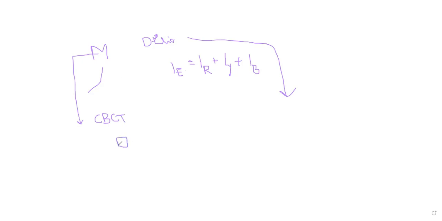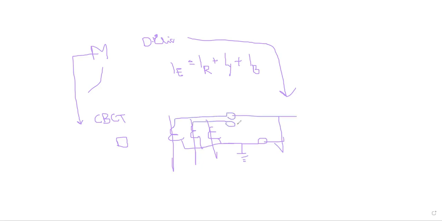These are the 3 phases, and this is the neutral connection. These are the relays. So I'm checking the 3 phases, and whether current is flowing in the neutral. This is the measured type of earthing system.